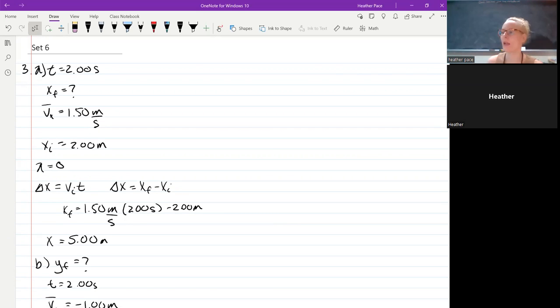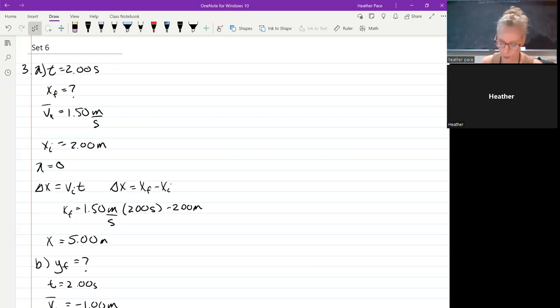All right, so question 3 says a miniature quadcopter is located at x equals 2.00 meters and y equals 4.50 meters at t equals 0 and moves with an average velocity having components v equals 1.50 meters per second in the x direction and v equals negative 1.00 meters per second in the y direction. What are the x and y coordinates at t equals 2?